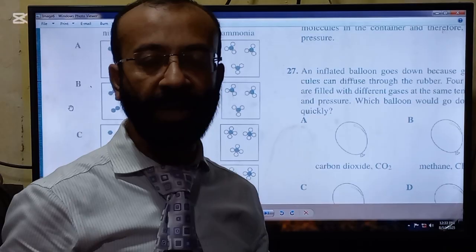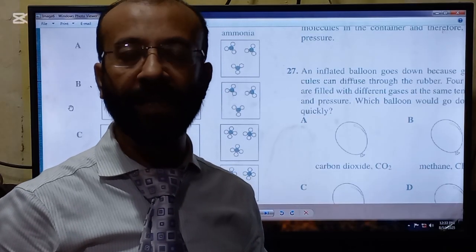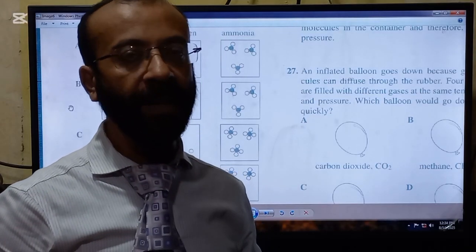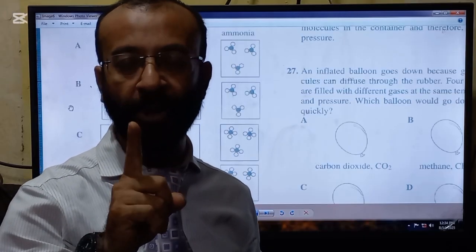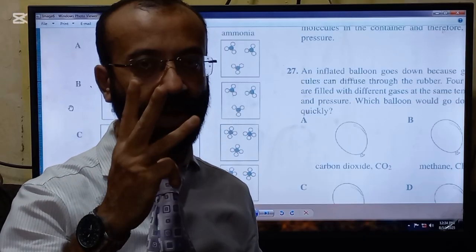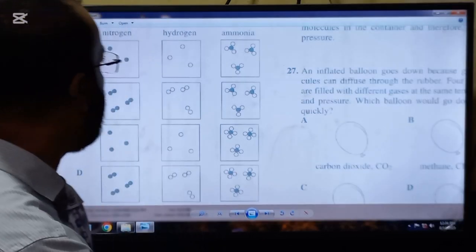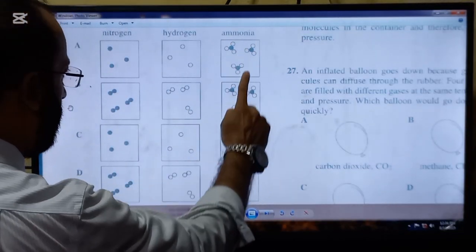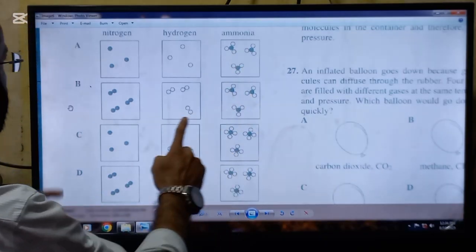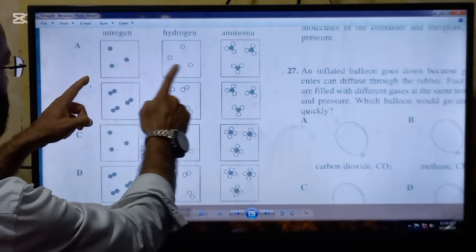And you know, people, that nitrogen and hydrogen exist in diatomic form, and the formula of the ammonia is NH3. So one nitrogen atom is combined with three hydrogen atoms. So ammonia's options will be 1 and 2. And this will not be the option for the nitrogen and hydrogen.